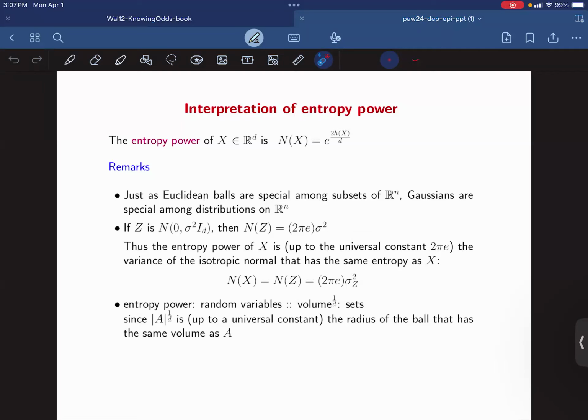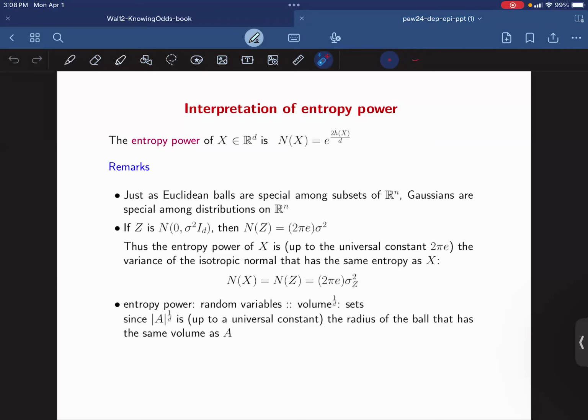In convex geometry, we have the Brunn-Minkowski inequality, for example, which says that the volume of a compact set in R^d raised to the 1/d is superadditive with respect to Minkowski summation. That's a fundamental fact in the geometry of Euclidean spaces, and of course it implies the isoperimetric inequality.